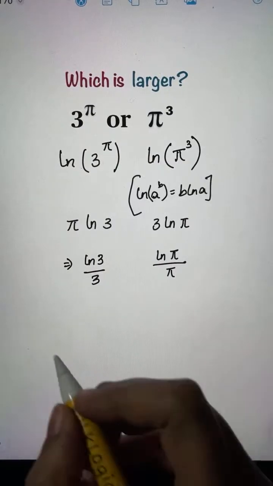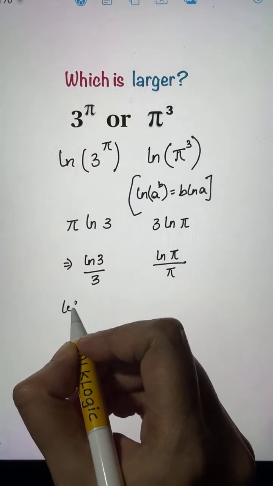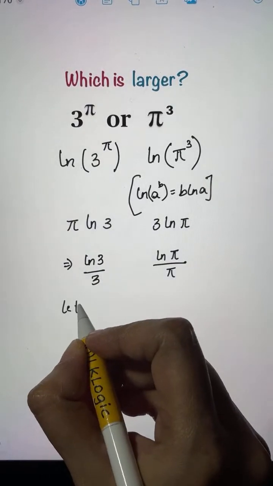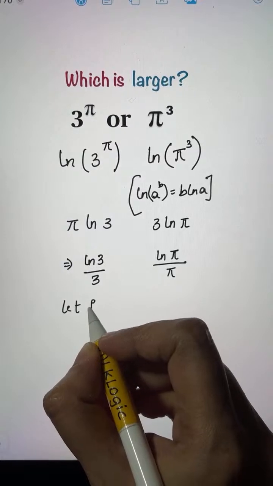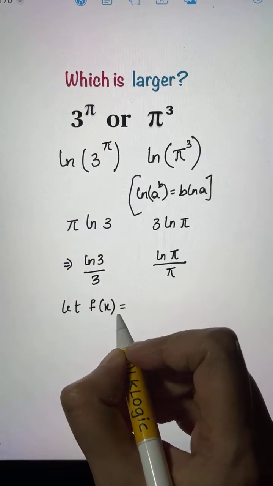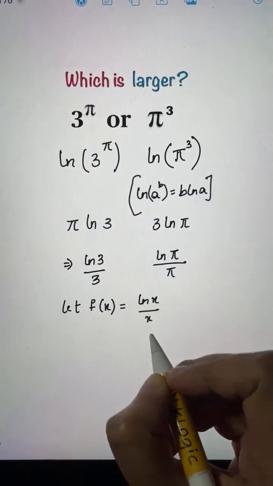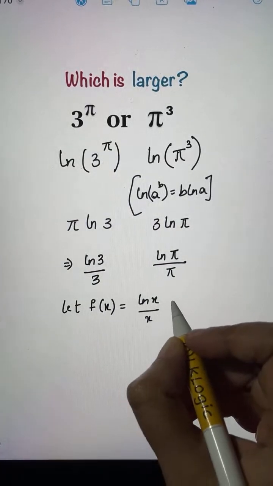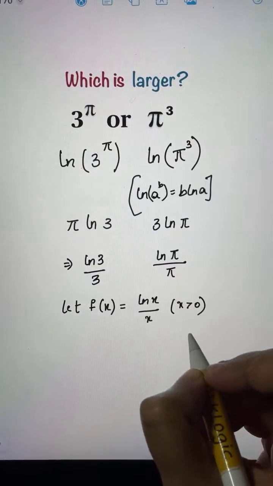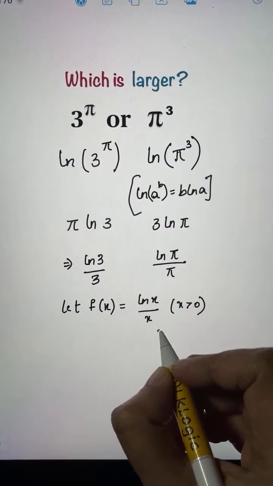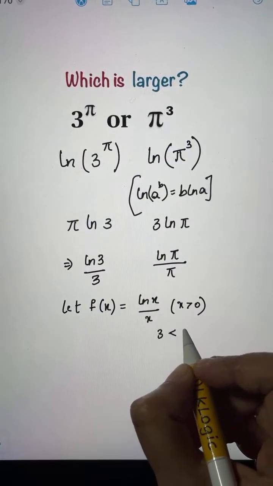Okay, now we're going to construct a function. Let f of x equal natural log of x over x, where x is positive, and we know that 3 is less than pi.